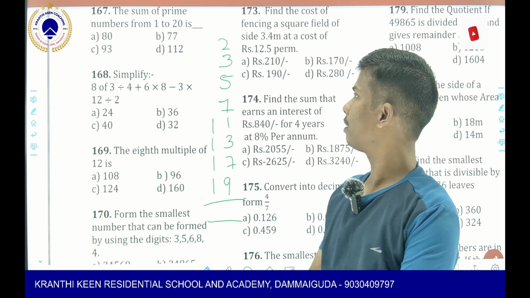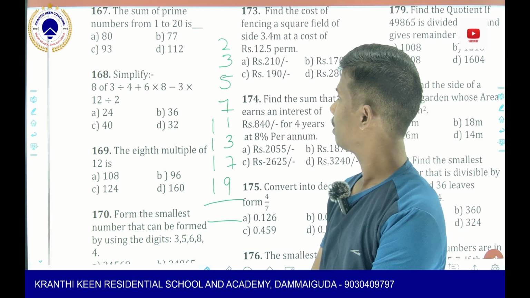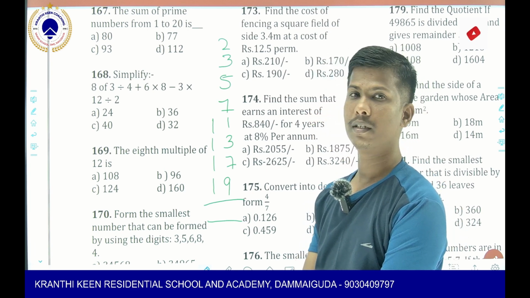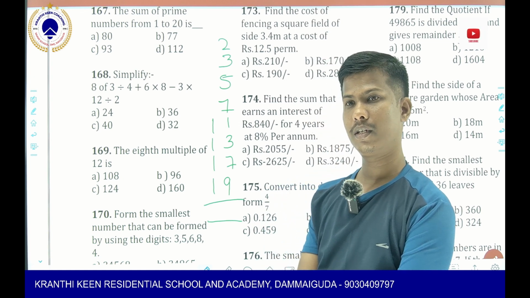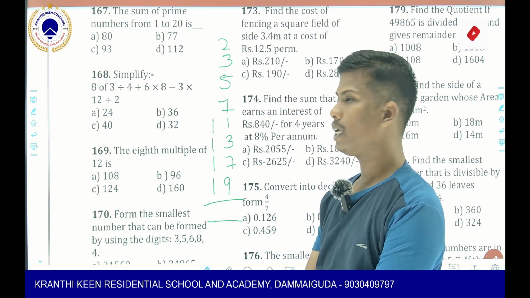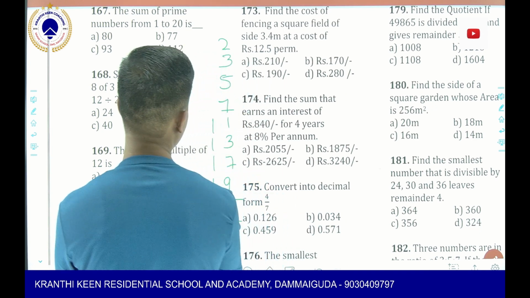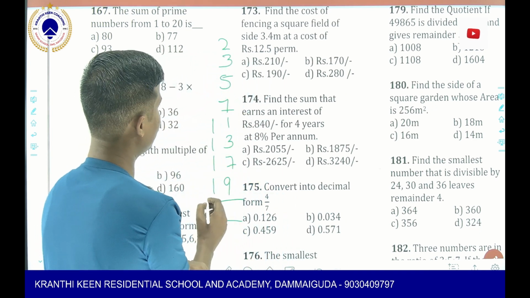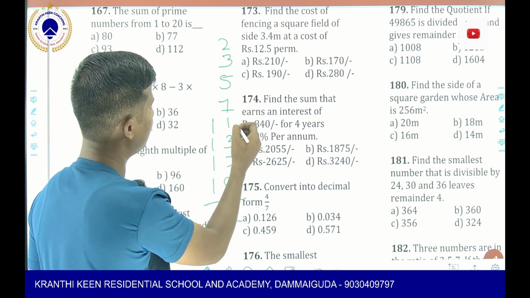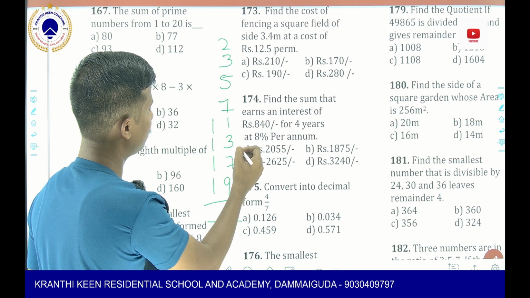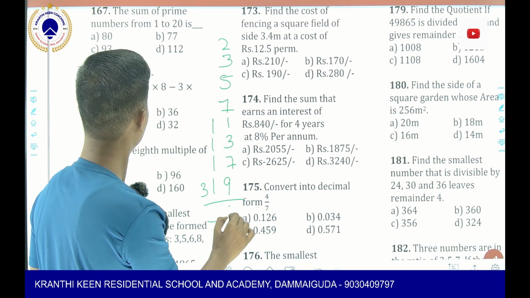2 plus 3, 5. 5 plus 5, 10. 10 plus 7, 17. 17 plus 11, 28. 28 plus 13, 41. Once again we'll add: 2 plus 3, 5. 5 plus 5, 10. 10 plus 7, 17. 17 plus 11, 28. 28 plus 9, 37 we will get.